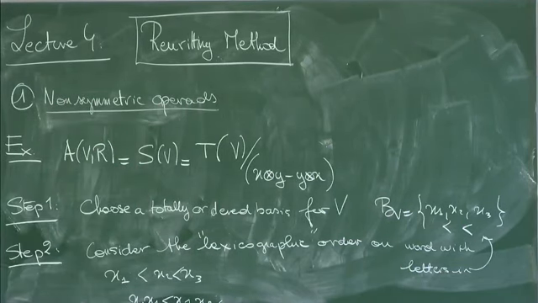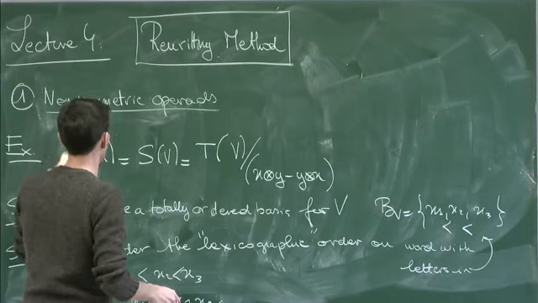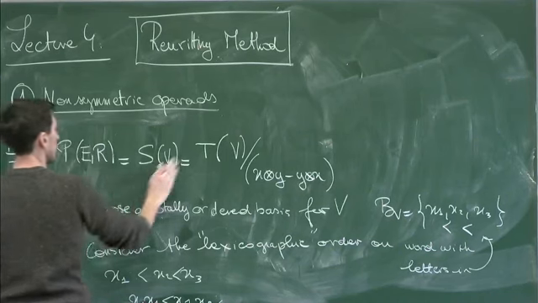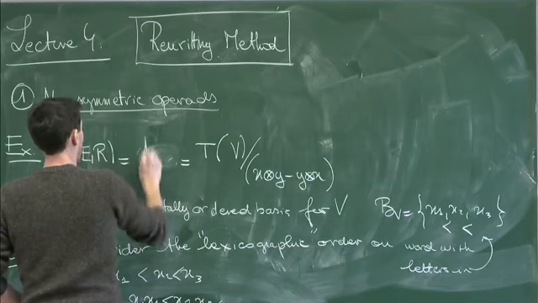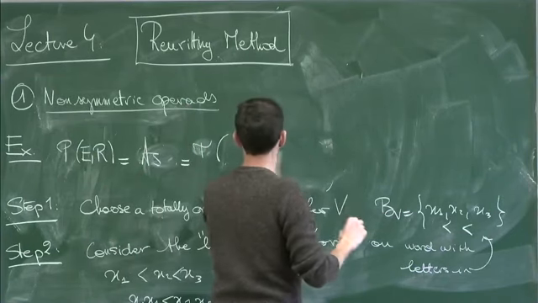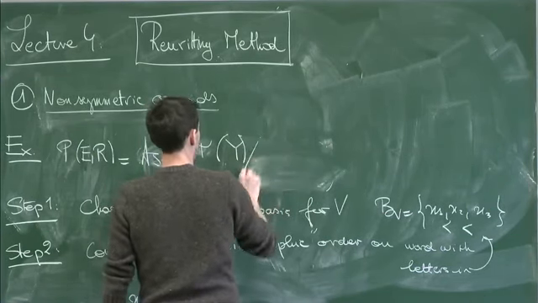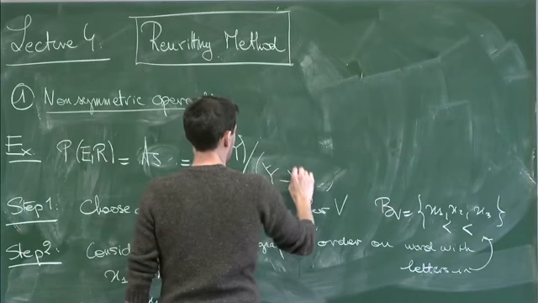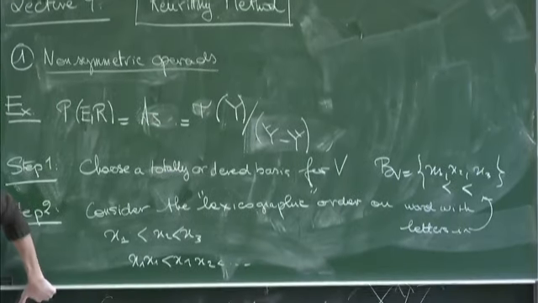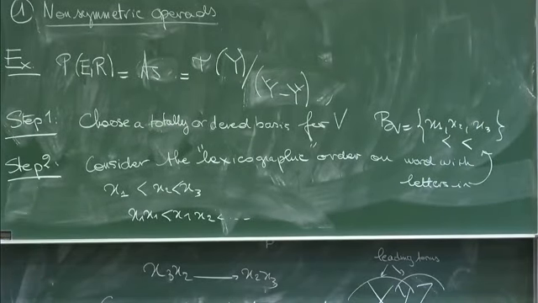So what is our favorite toy model for non-symmetric operads? The operad As. So our favorite non-symmetric operad, say, is the operad As encoding associative algebras.